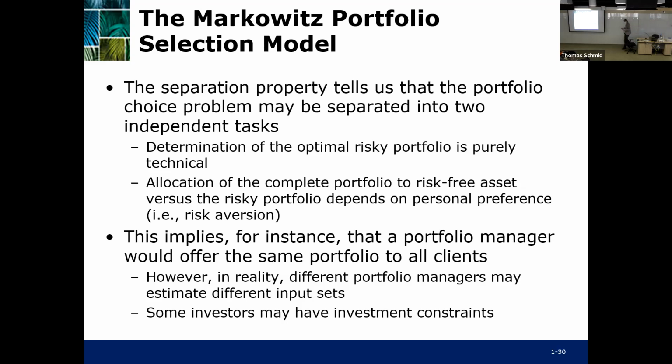But if two portfolio managers use slightly different time series, one uses 5 years, the other one uses 10 years of data to estimate the Markowitz model, they would end up with different optimal risky portfolios, right? So in reality, if we estimate the model, it's not necessarily the case that everyone comes up with the same optimal risky portfolio. In theory, it is. In theory, everyone has the same optimal risky portfolio, because of course in the theory world there is no uncertainty about the parameters, they are just given.